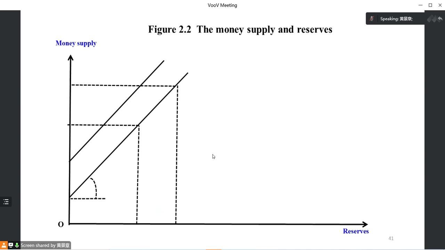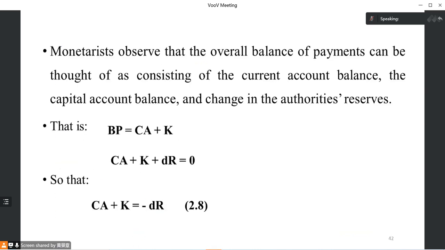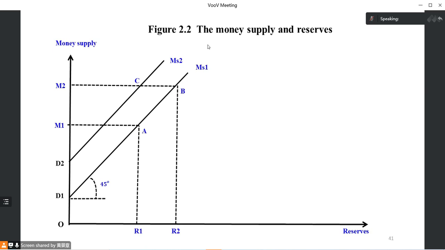Let's see figure 2.2. Figure 2.2, the money supply and reserves.